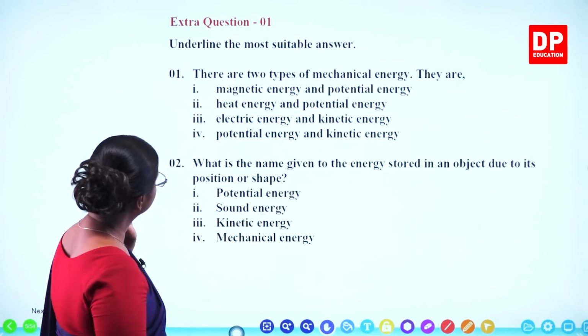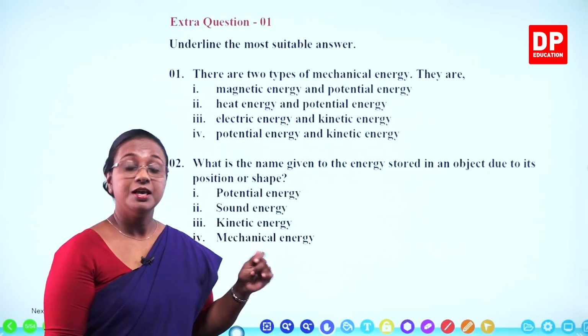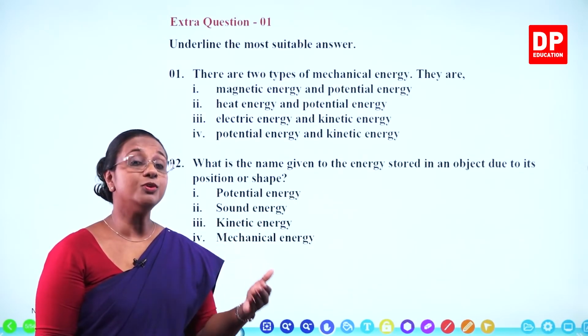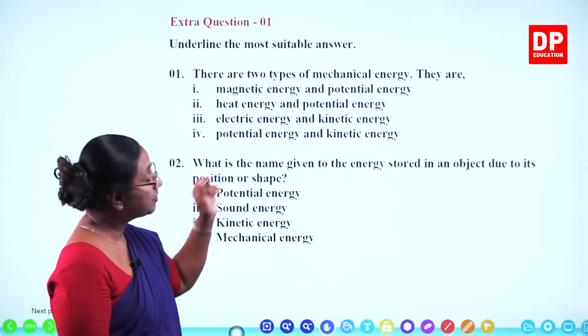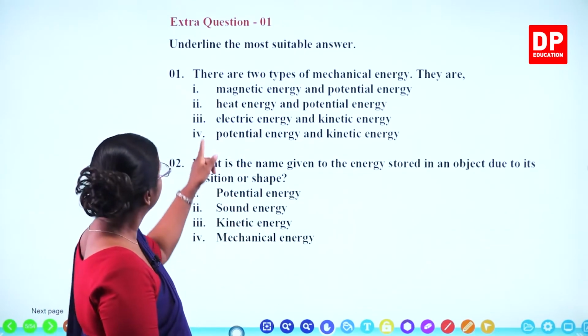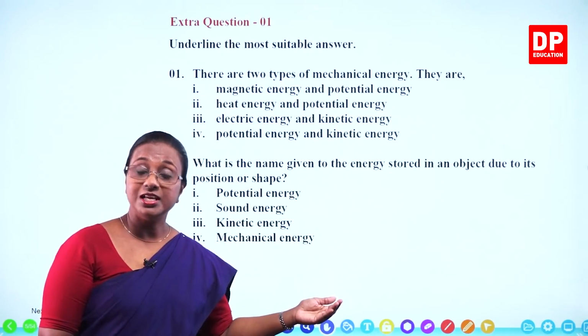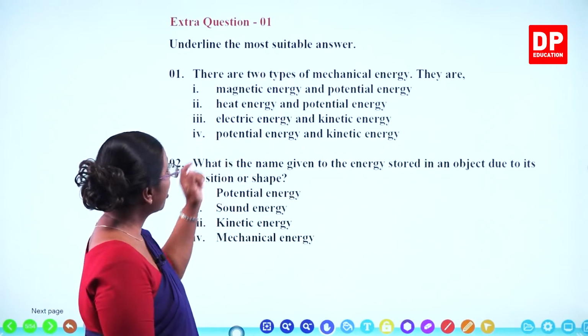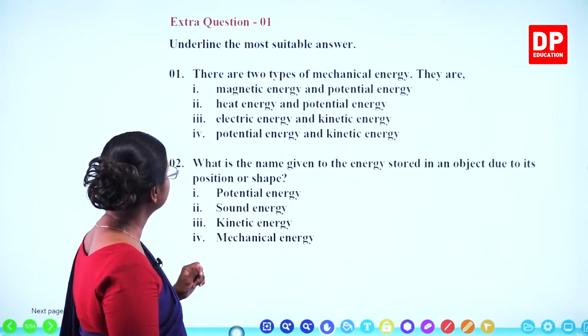Let's look at the answers. Magnetic energy and potential energy. Magnetic energy is due to magnetism. That is not a mechanical energy. But potential energy, yes. Heat energy and potential energy. Heat energy actually leads to temperature. That is not mechanical energy. But potential energy is mechanical energy.